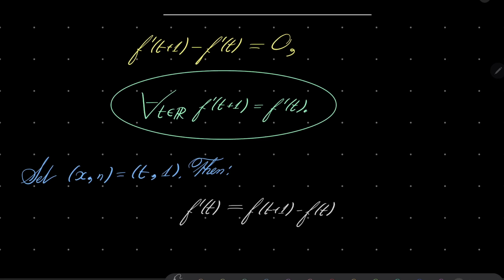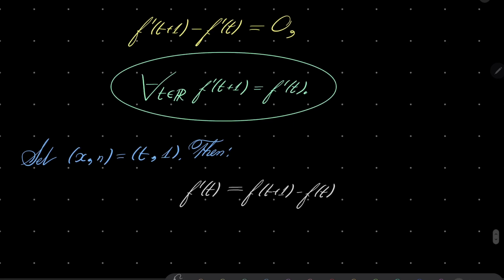Alright, but now let's notice that the right-hand side is really differentiable. Here we have function f, it's differentiable. Here we have function f composed with a linear function, so it's also differentiable. The difference of two differentiable functions is again differentiable.